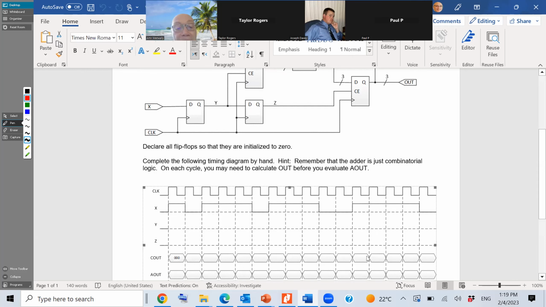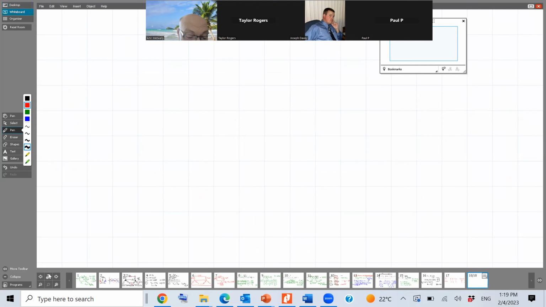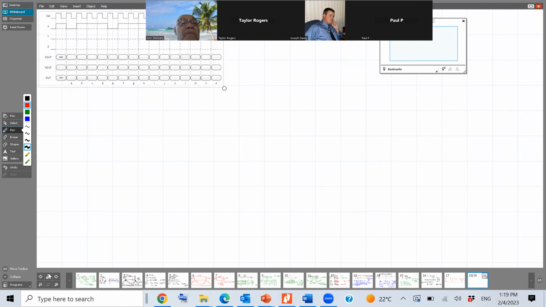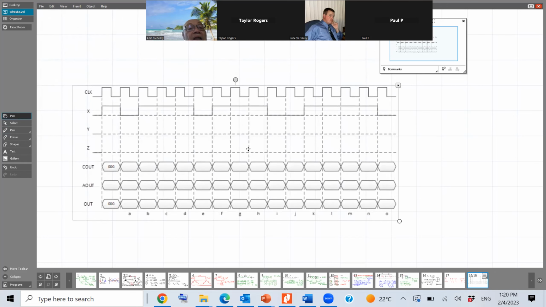Should have a 0, because the X hasn't set up yet. You mean here for the first clock, Y will be 0? Yeah, because the X hasn't had the setup time yet. So the first clock, the Y will be 0.